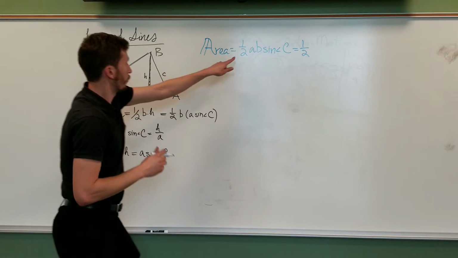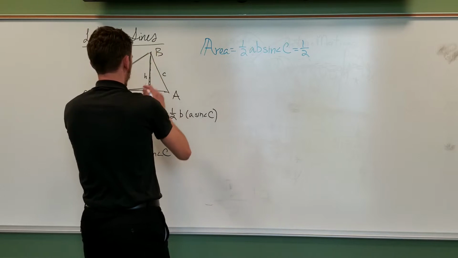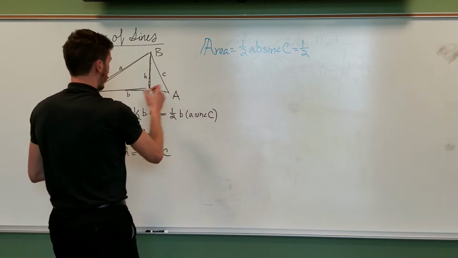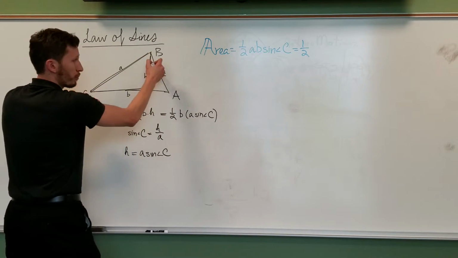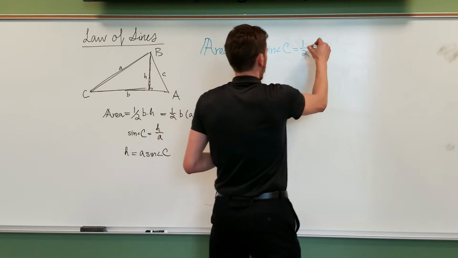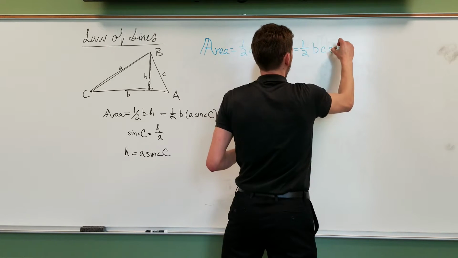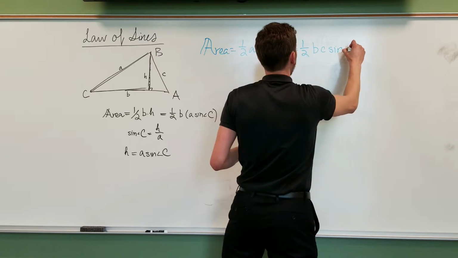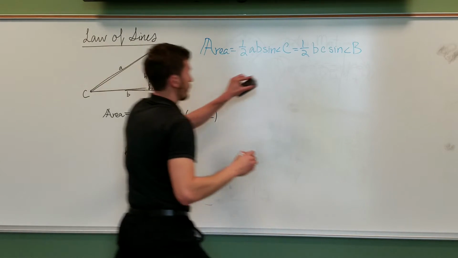Let's look at this. 1/2 AB sine angle C. Well, what if we did this? 1/2 BC sine angle A, or we could do 1/2 AC sine angle B. So let's write it. 1/2 AC sine angle B, right?